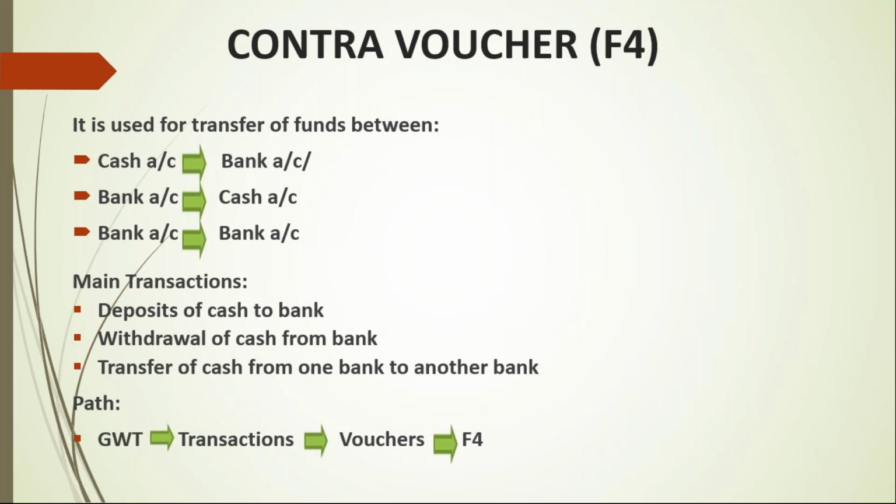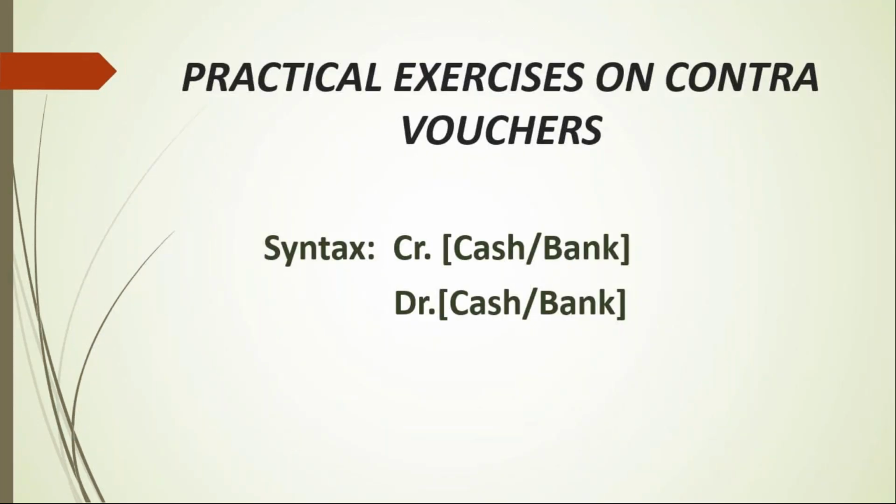And what is the function key for Contra voucher? It is F4. So when we press F4, we get the Contra voucher in the voucher creation screen. I also discussed the syntax before we go to the practical exercise on Contra: the credit aspect appears first and the debit aspect appears next, where the credit is cash or bank, and the debit will also be cash or bank.